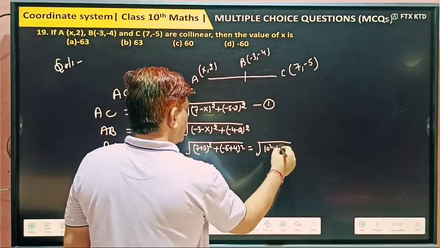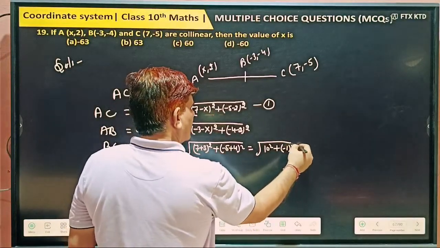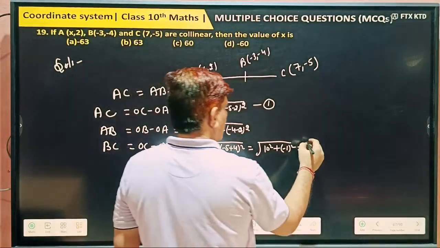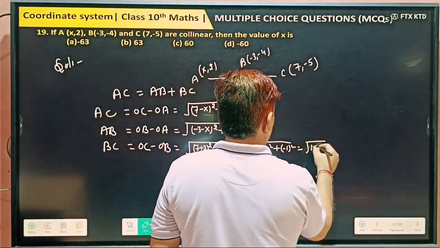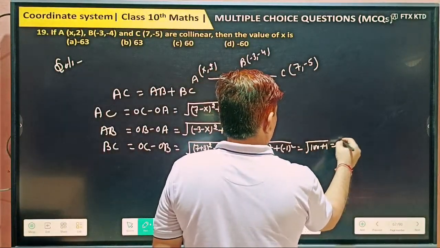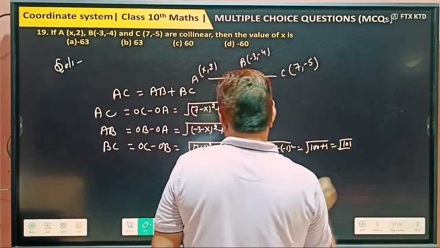That is 10 square plus (-1) square, which is 100 plus 1, so under the root 101.